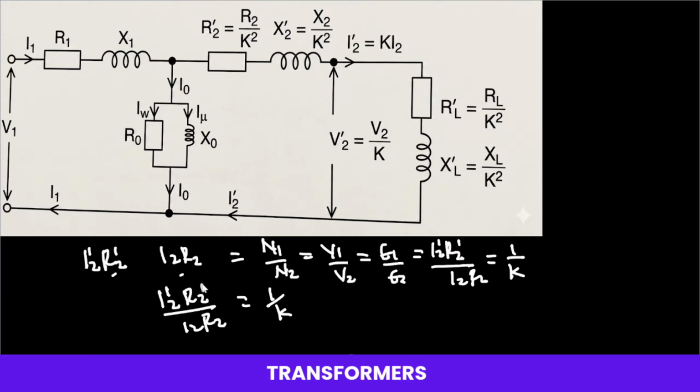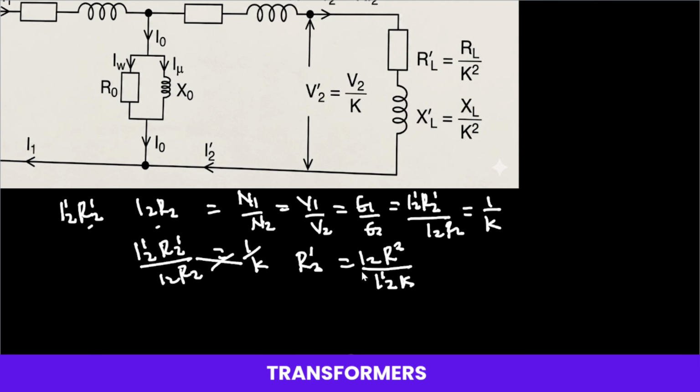So let's make R2 prime the subject from this equation, since that is our focus. So we multiply this side and that side and make R2 prime the subject. So R2 prime is equal to I2 R2 all on I2 prime K. Okay, so we already have the K there.